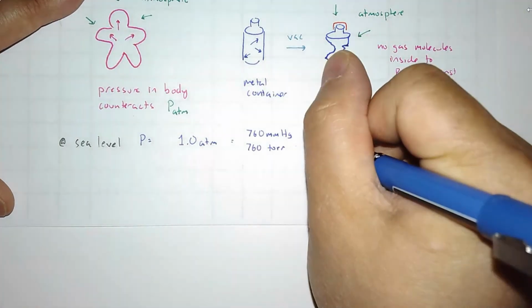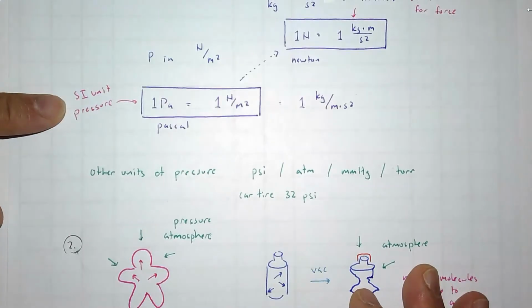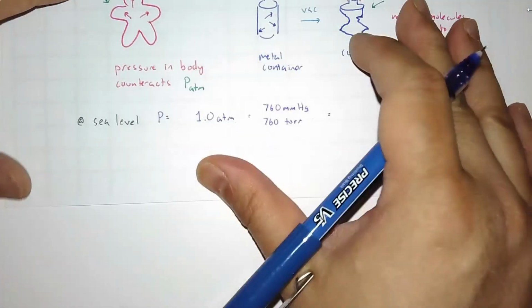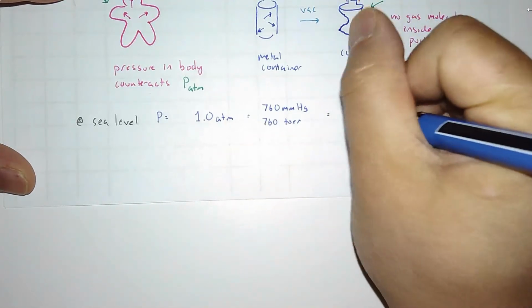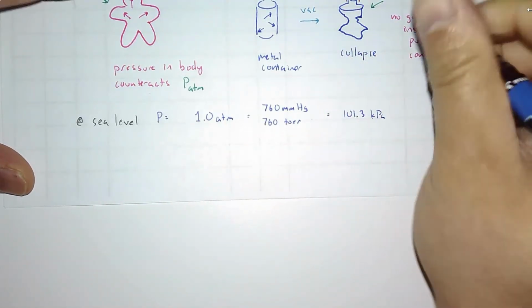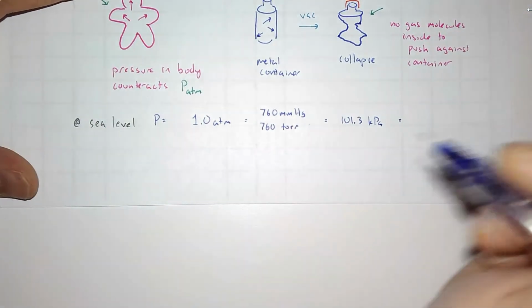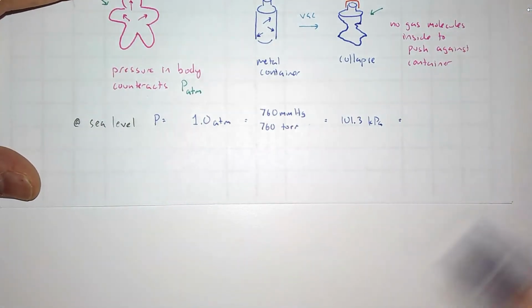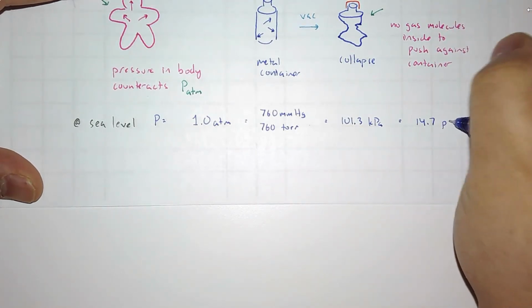Next, that is equal to, well, what the heck happened to pascals? Pascals is the SI unit. Well, that atmosphere in torr is equal to 101.3 kilopascals. And then what about what we're used to, the units in tire pressure? This is equal to 14.7 psi.